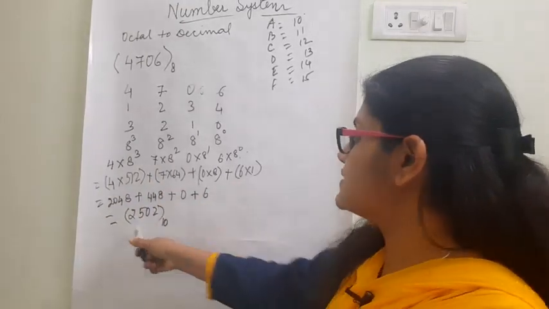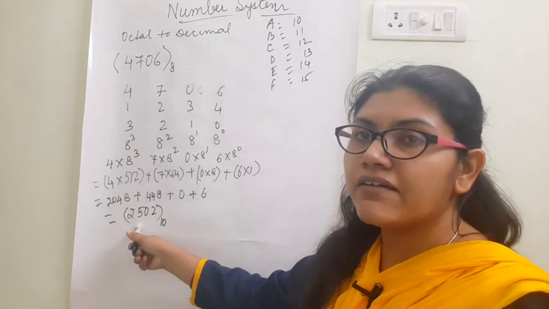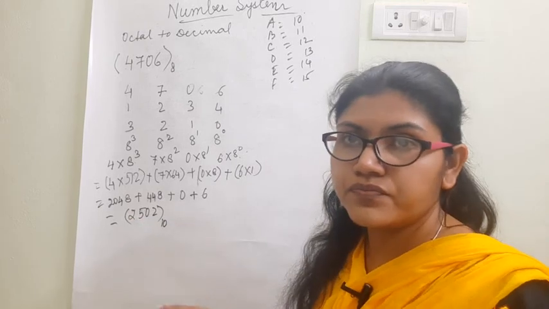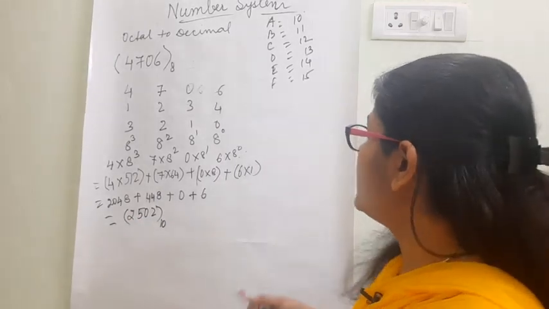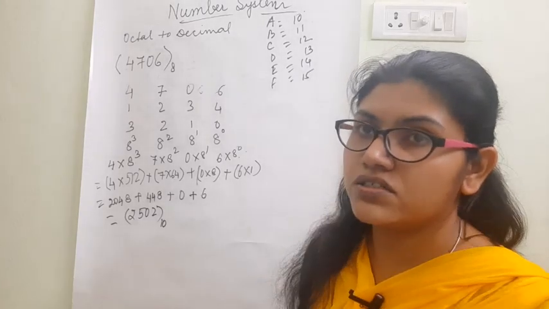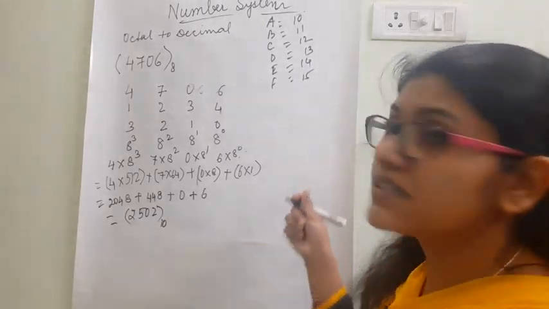Then 0 and 6. So calculating these numbers, we get 2502 base 10.